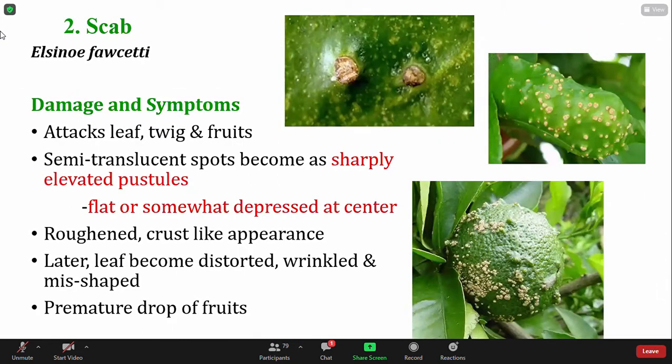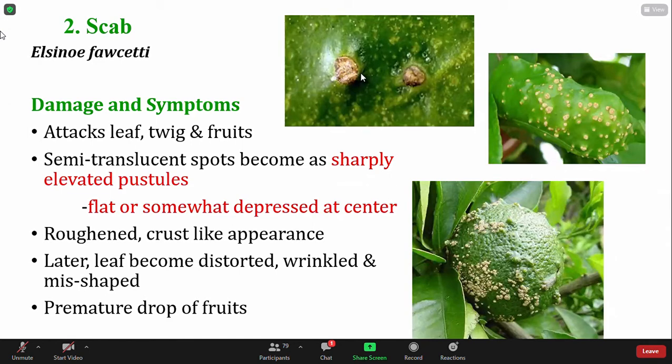The second disease is scab. It's caused by Elsinoe fawcettii. The damage and symptoms are that it attacks leaves, twigs, and fruits. Semi-translucent spots become sharply elevated pustules. You have to have a better understanding of the sharply elevated pustules.